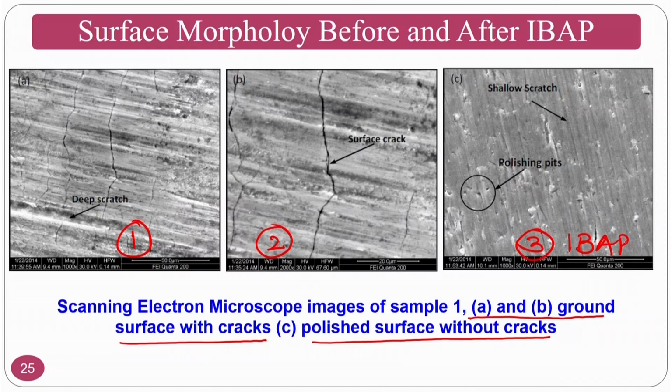Because in the ice bonded abrasive process, the forces involved will be very less compared to the grinding process. Because of this, you can avoid the cracks and other things which are normal in the case of the grinding process.